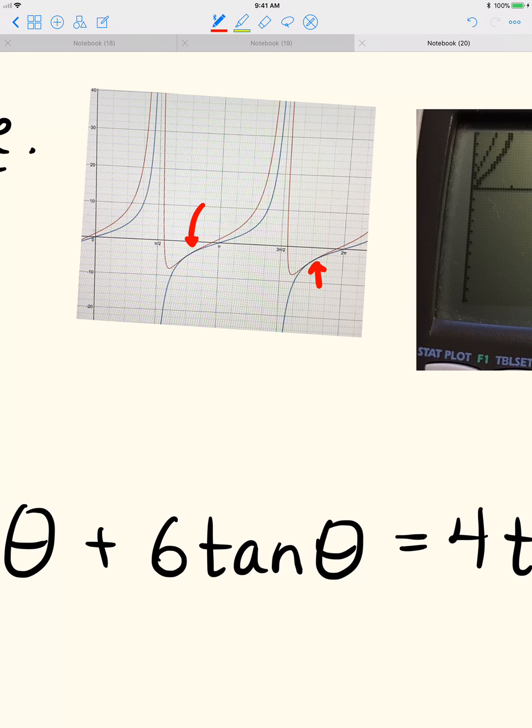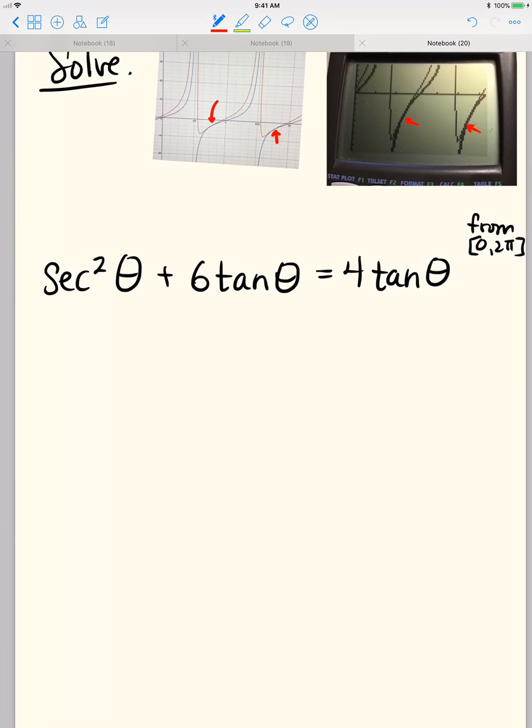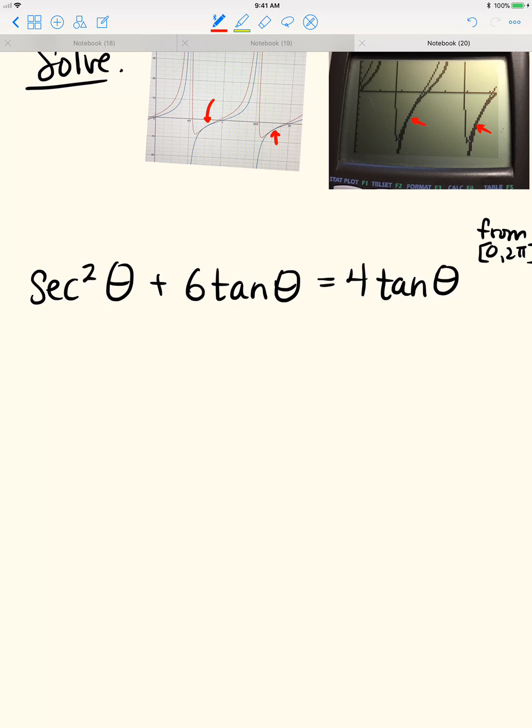And maybe you can estimate that those would be in between pi over 2 and pi, and 3 pi over 2 and 2 pi. But we need to be able to find exact. But they only have 2 places where they potentially touch. So now if we look at solving for theta, I have a secant squared, and then I have 2 regular tangent functions. And there is an identity for secant squared that says secant squared is the same thing as 1 plus tangent squared.